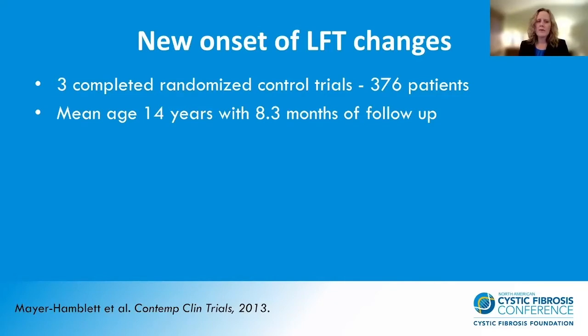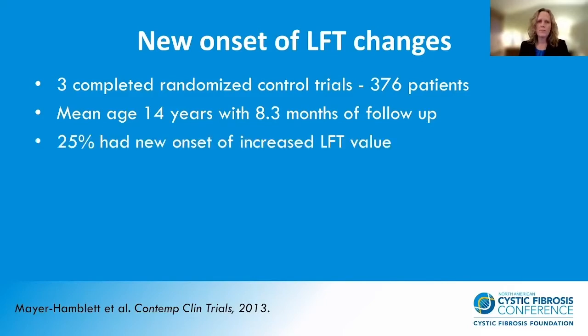This study by Meyer-Hamlet looked at 3 completed randomized control trials of medications used to treat Pseudomonas. They included 376 patients with a mean age of 14 years and 8.3 months of follow-up. Of the patients who had normal liver function tests at baseline, 25% had new onset of increased LFT value.